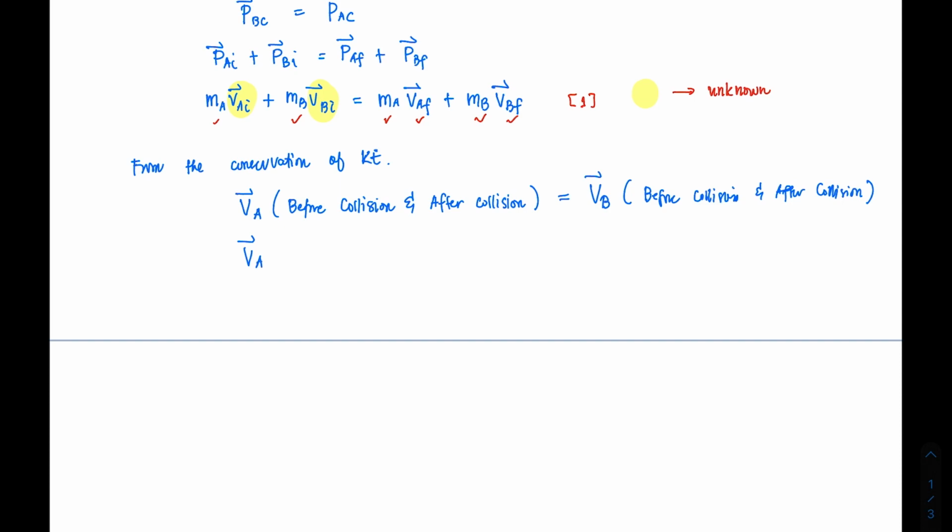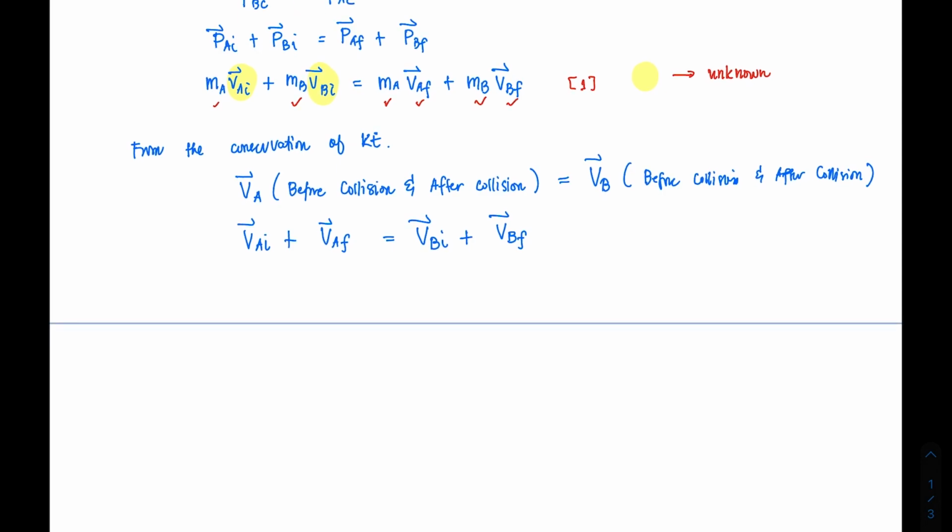The velocity of A initial, that means before collision, plus the velocity of A final, that means after collision, must just be equal to the velocity of B before collision, so that's VBI, plus the velocity of B after collision or final. So from there, I'm going to express VBI in terms of the other variables.